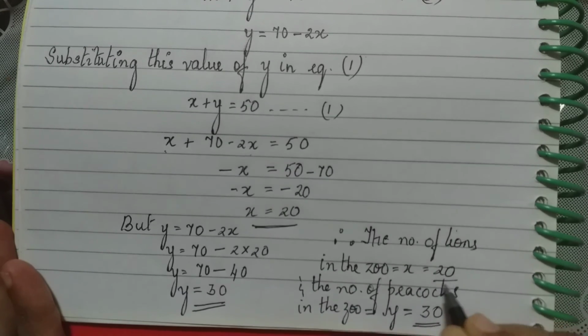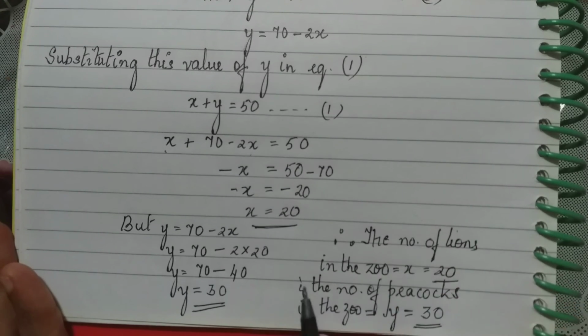Okay, here we don't have to write the units because we have already said the number of lions in the zoo is equal to 20, the number of peacocks in the zoo is equal to 30.